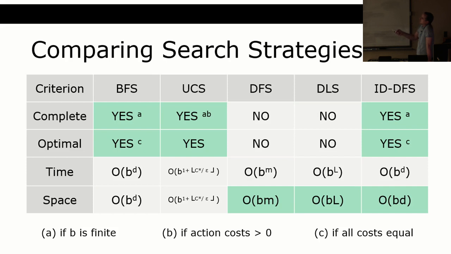And it is always optimal, sorry, so that's good. Iterative deepening depth-first search has the same properties in completeness and optimality as breadth-first search, but it has the space complexity of depth-first search, which is great. So that's what we want. That's why, in general, we may want to use iterative deepening depth-first search instead of breadth-first search.